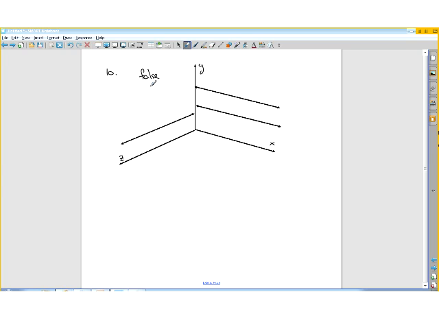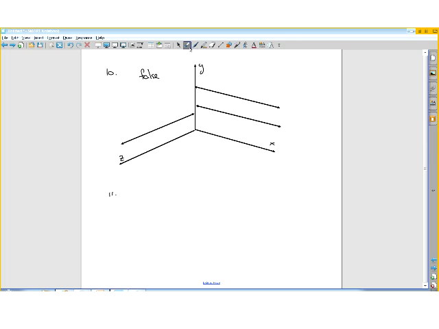If 2 lines do not intersect, then they must be parallel. The converse of that is, if 2 lines are parallel, then they must not intersect. And so the original statement and the converse are not both true. So that's an example back from logic days.